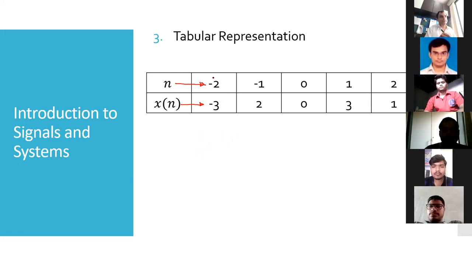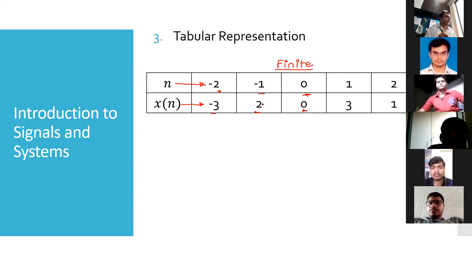So as you can see, at n equal to -2, the value is 3. At n equal to -1, the value is 2. And at n equal to 0, the value is 0. Once again, the tabular representation is used only for finite signals.